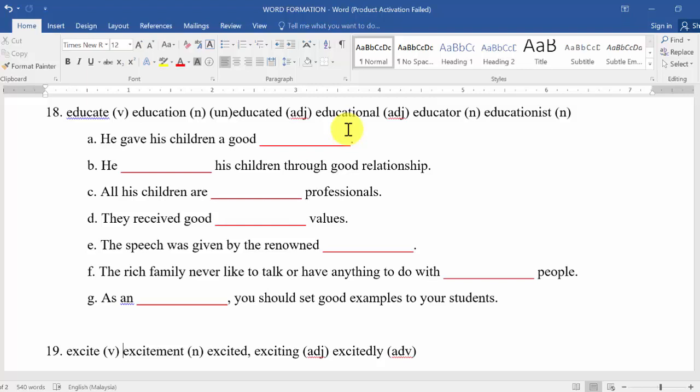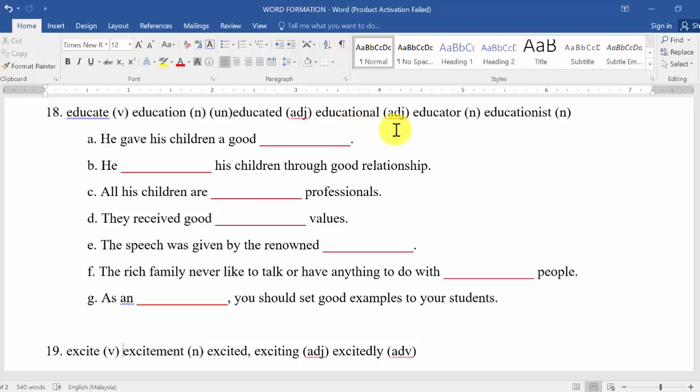Educational means that this thing can be used to teach. For example, I say this is an educational video, means that after watching this video, you will learn something. So educational is describing the video.